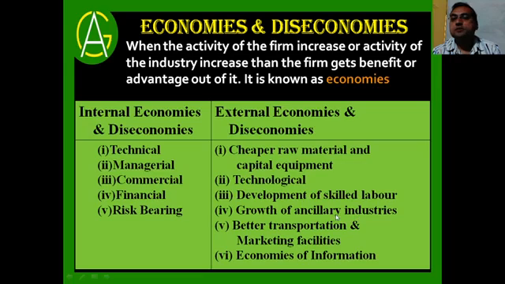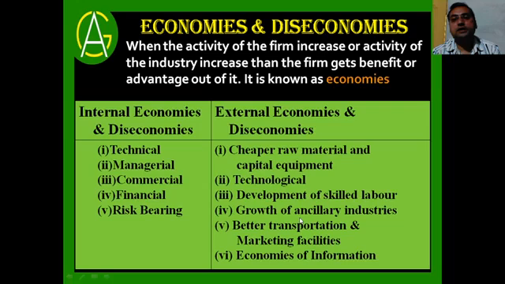These spare parts will be easily available for your firm, and as a result the transportation cost will be reduced. This is the economy. But if such ancillary industries are not developed there, you will need to bring the spare parts from a very distant place. This will create transportation cost, and as a result it will give you diseconomies.